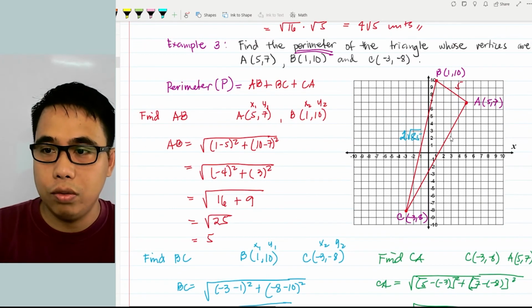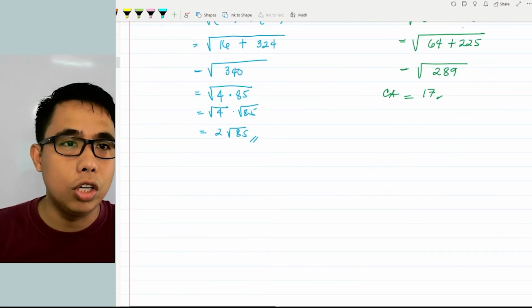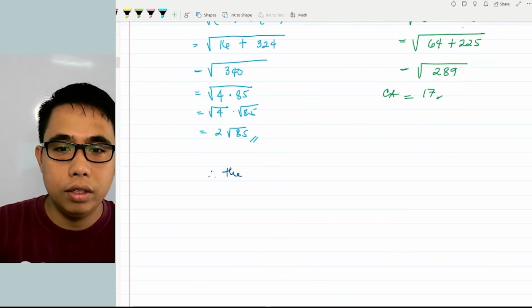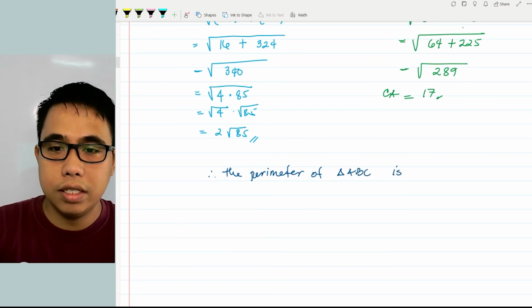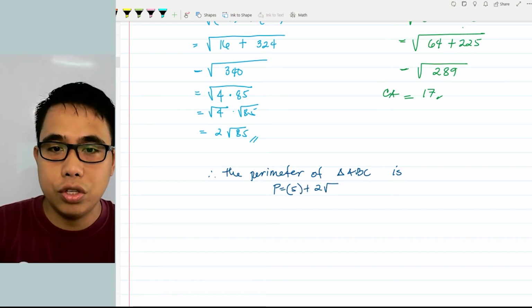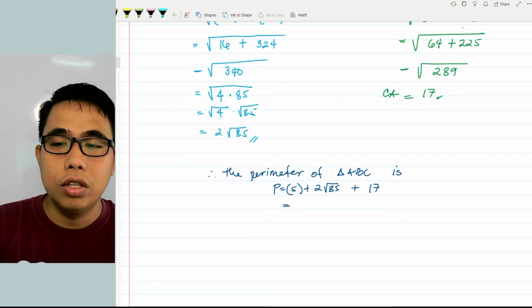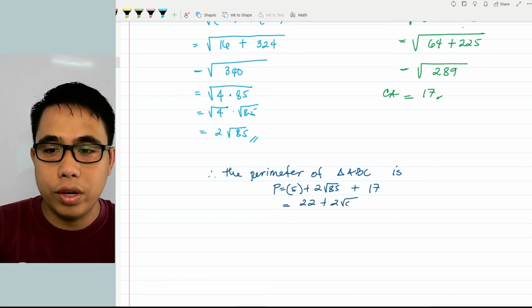Therefore, we can now conclude that the perimeter of triangle ABC is 5 plus 2 square root of 85 plus 17, which is equal to 22 plus 2 square root of 85 units.